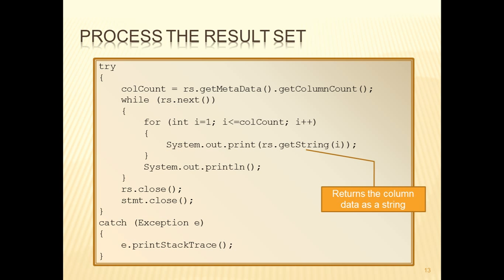Now, if you know that the column contains data that is of a certain type, such as integer, then instead of calling getString, you could call getInt instead. So rs.getInt, and then either the column index as the parameter or the column name.